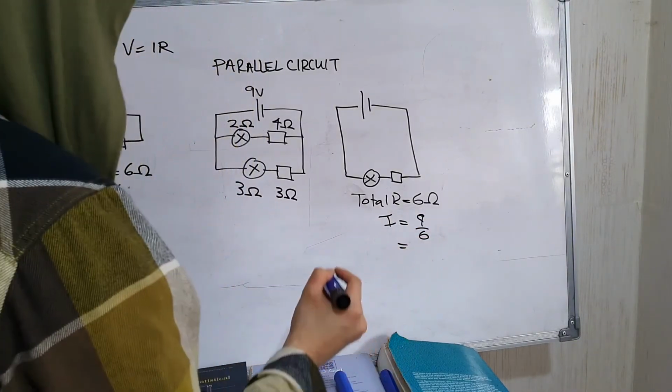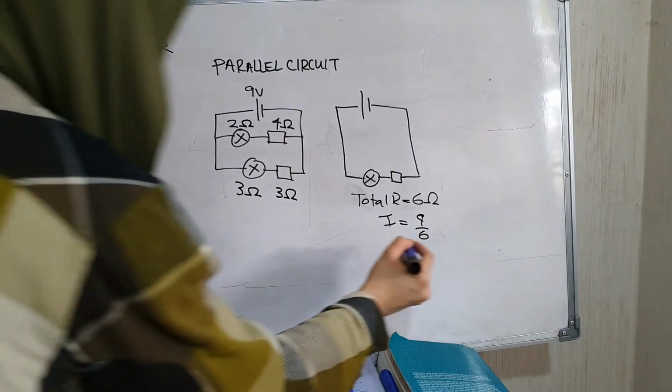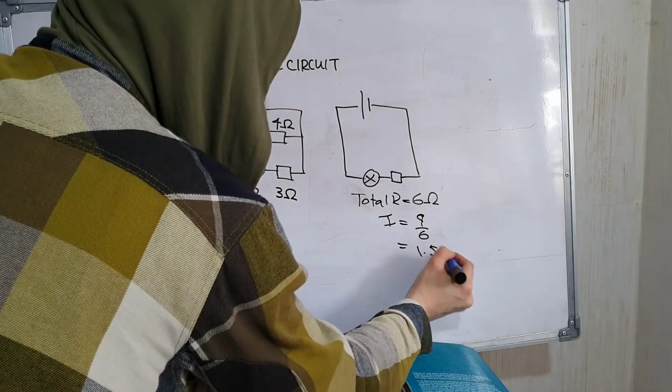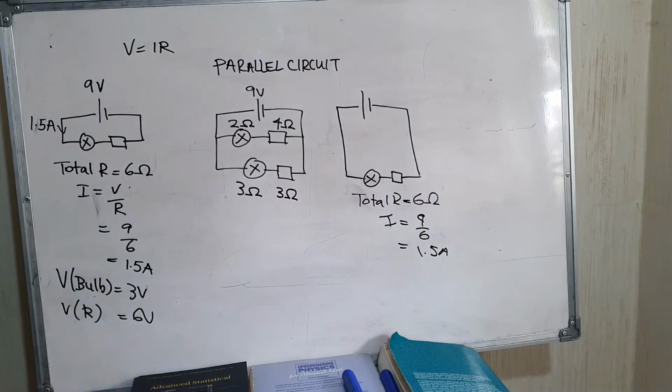And so that gives you 1.5 amps. So the current in this circuit is 1.5. The current in that circuit is 1.5.